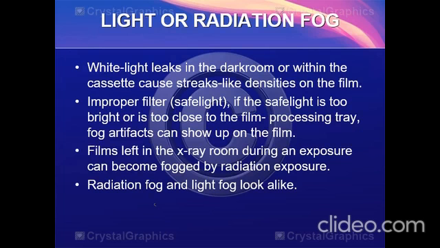Pag masyadong maliwanag or mataas yung wattage ng ating safe light or masyado siyang malapit sa film processing tray sa ating automatic processor, or sa master tank, it can lead to light or radiation fog.